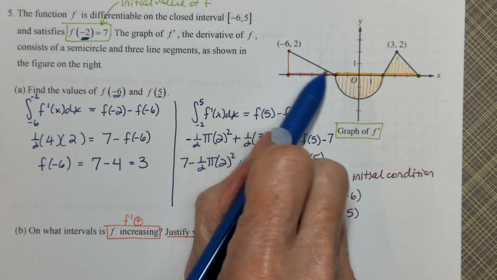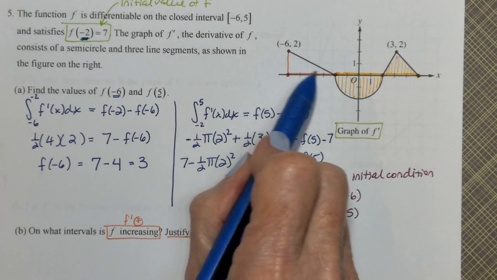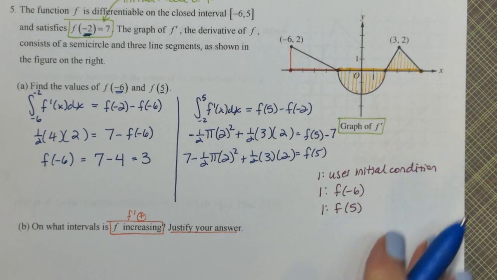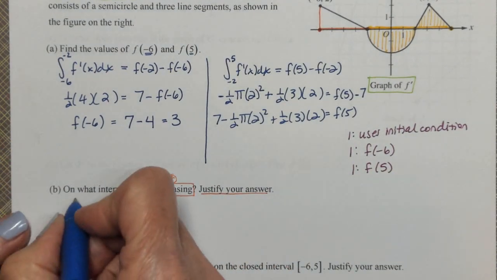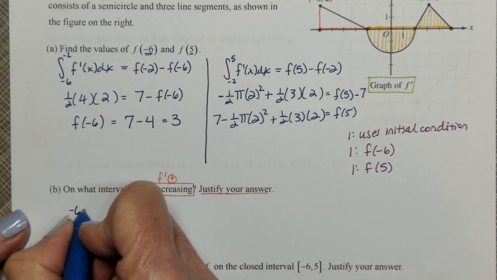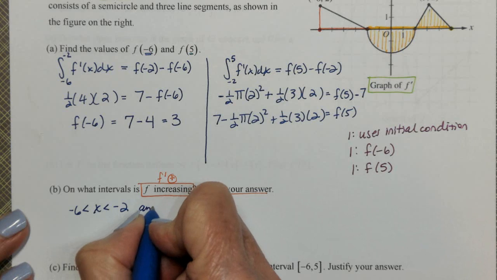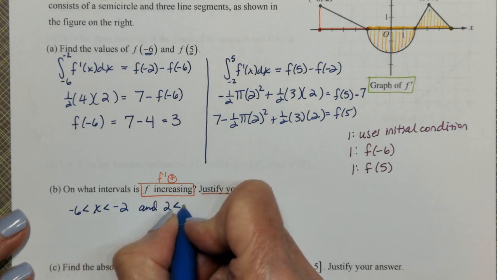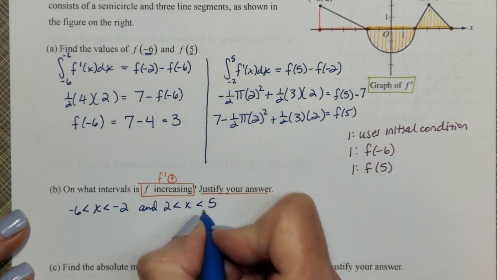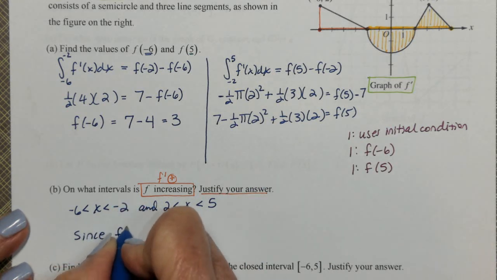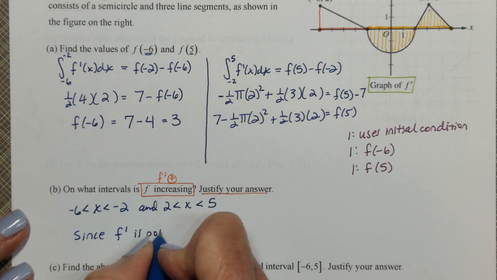So f prime is positive from -6 to -2, and again from 2 to 5. So I will say that -6 to -2 and 2 to 5, since f prime is positive.